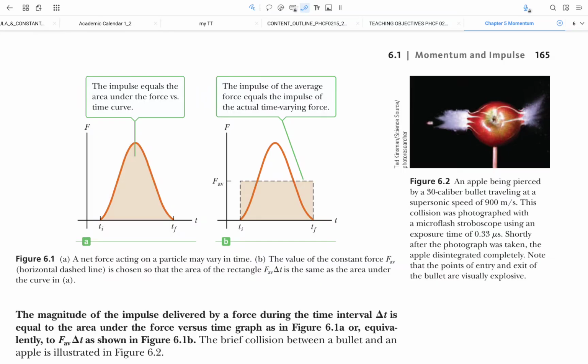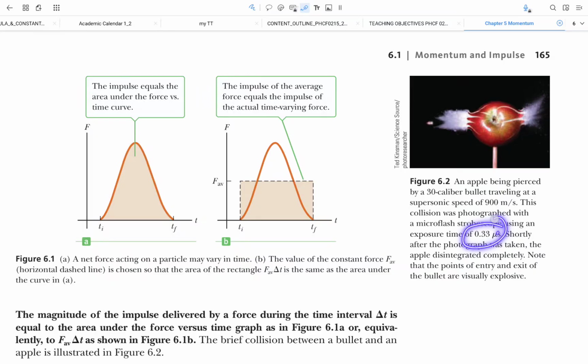For this scenario, it's very interesting to know that in the case where a collision occurs, as in the example given in the figure, a bullet penetrates an apple because of the collision. The keyword is collision, and due to that the speed changes, and you have noticed that this process occurred in a very short time.